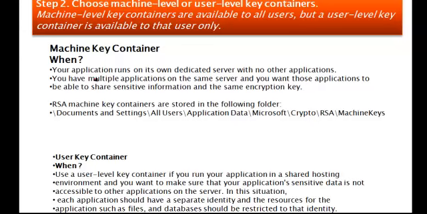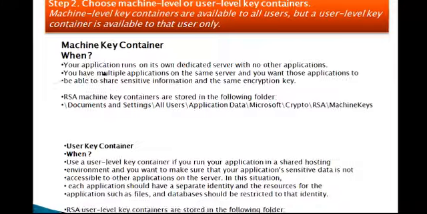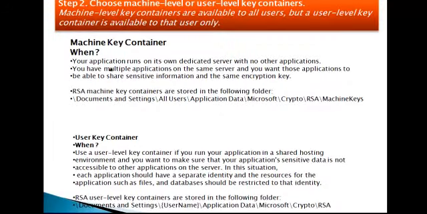The machine key container is very specific to the machine. The machine on which you are encrypting the data, the same machine key will be able to decrypt that data. So if your development machine has a machine key and you are encrypting the connection string, make sure the same machine key is on the production.